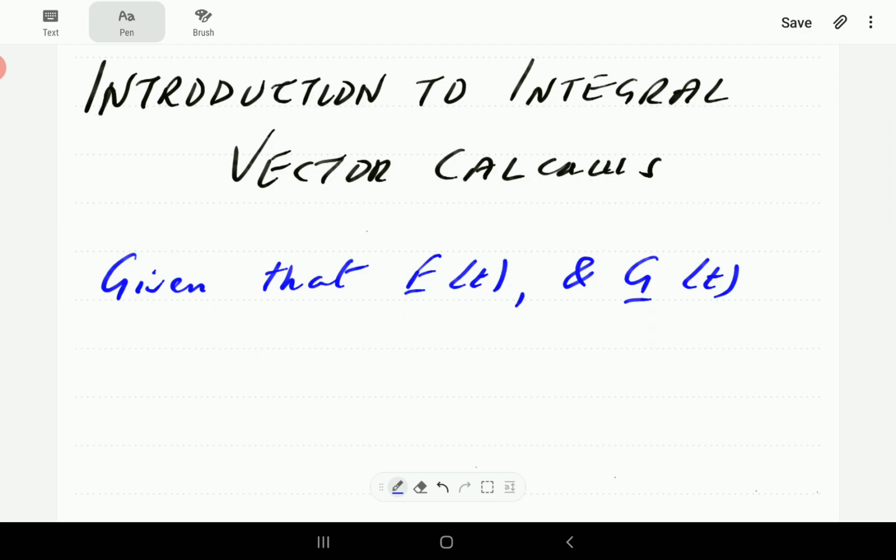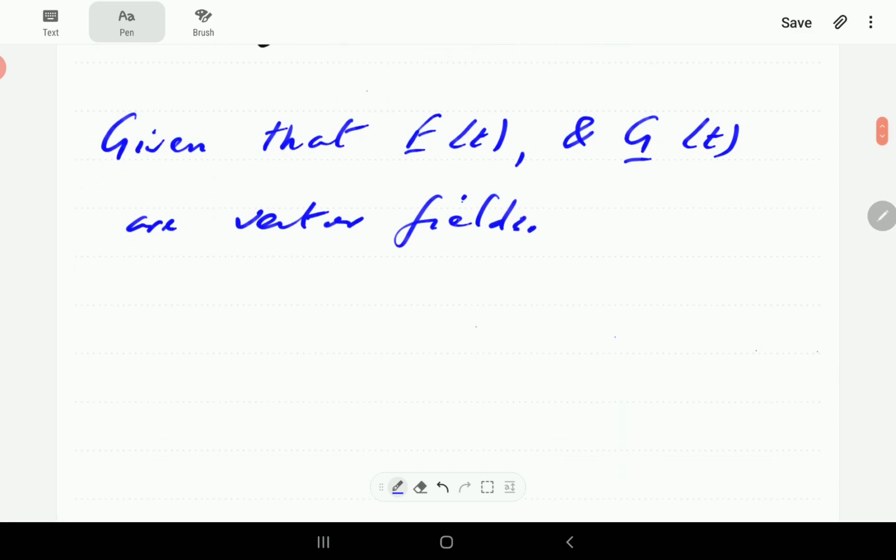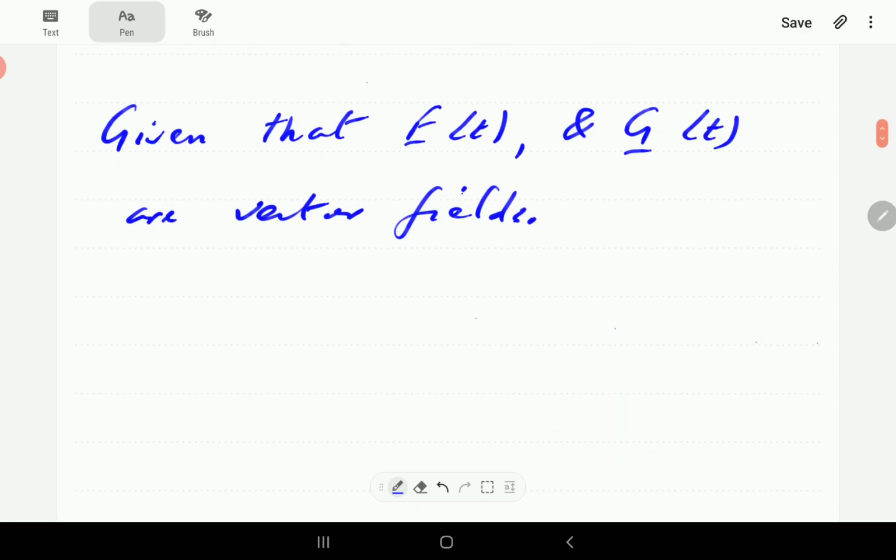So given that f and g are vector fields, suppose those two are vector fields. Also, suppose the derivative of g with respect to t is equal to f.